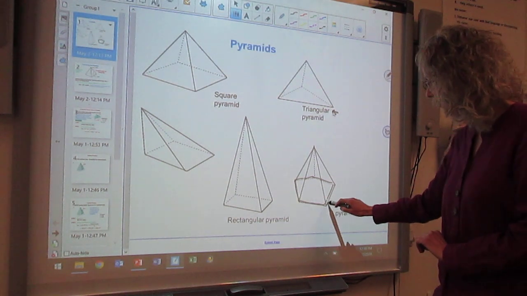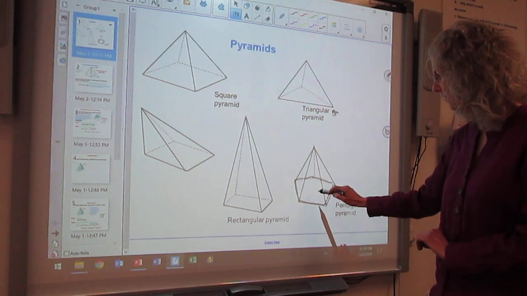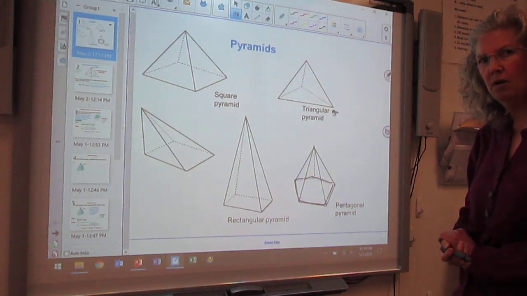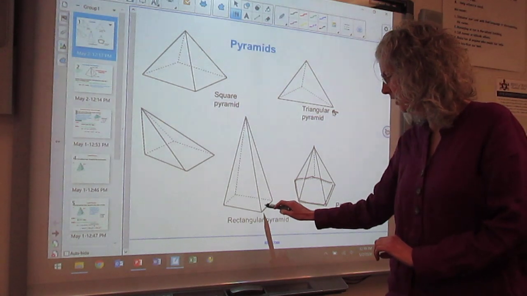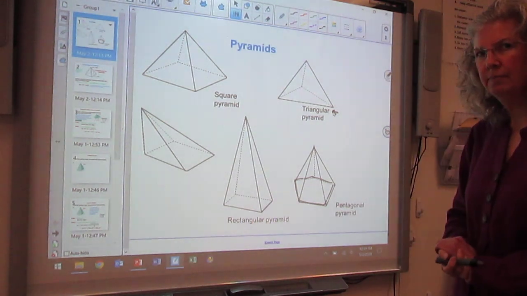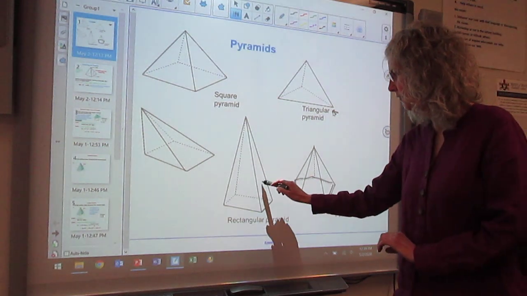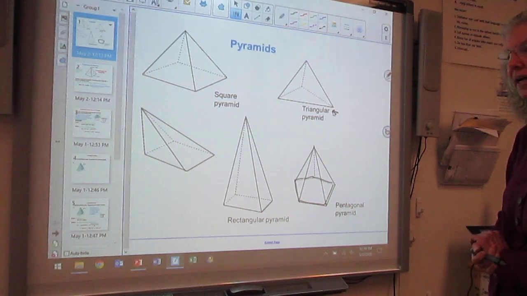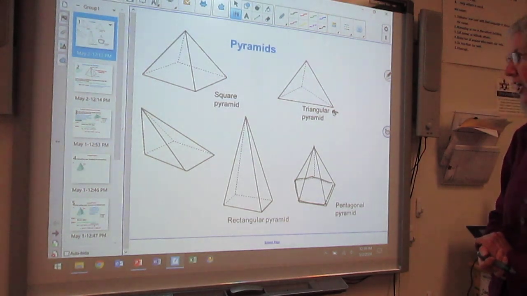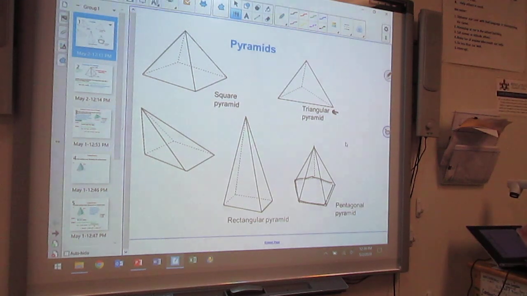If these are all the same length, then every face is congruent. Here, if these are different lengths on the base, then these two faces here are not congruent. Okay? And that makes it a little bit more challenging. So always look at your pictures very carefully.